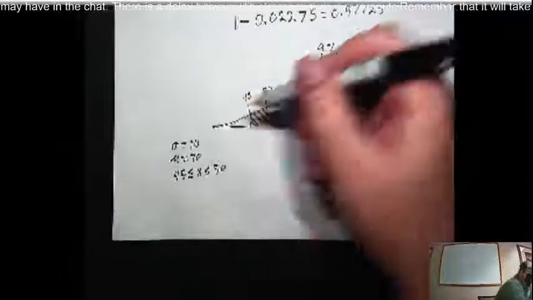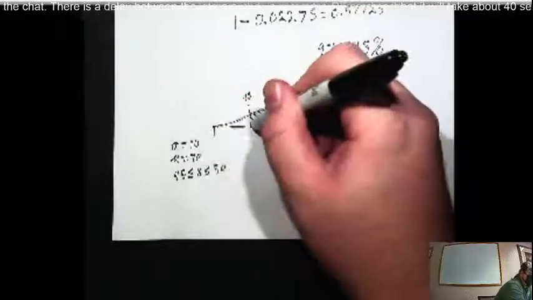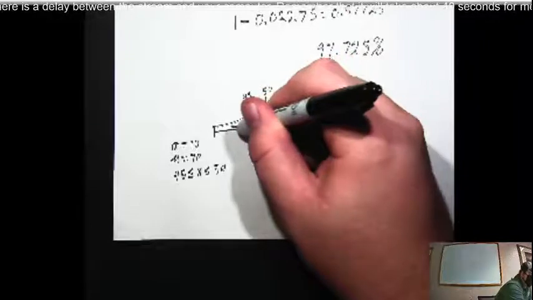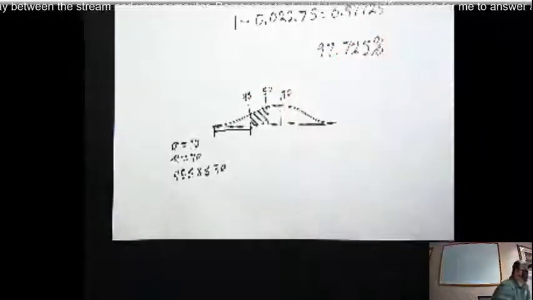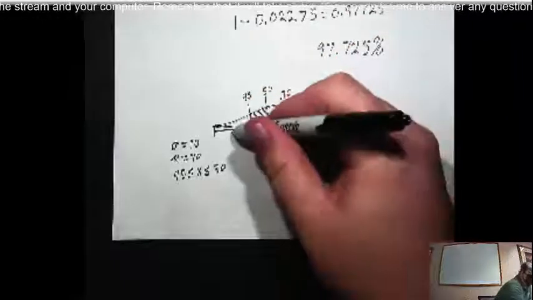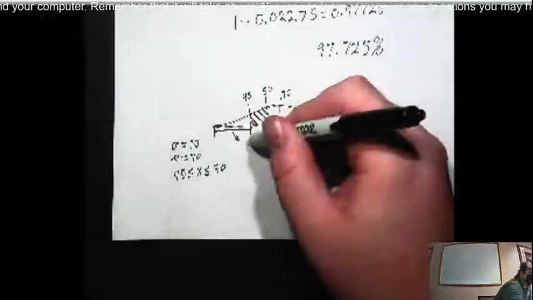So our first z-score is going to find this right here. Okay? So this is going to be, let's call it Z1.